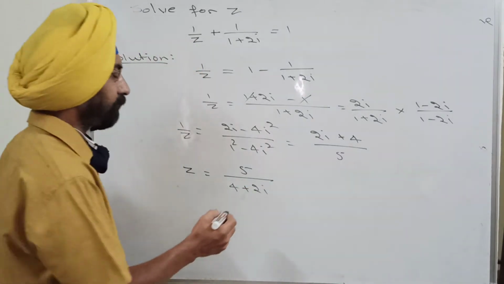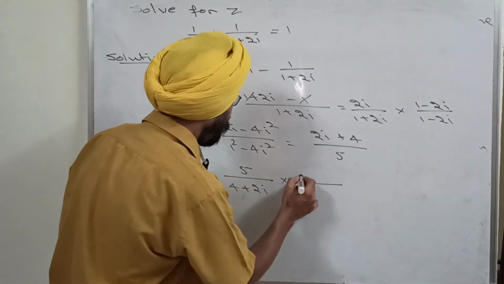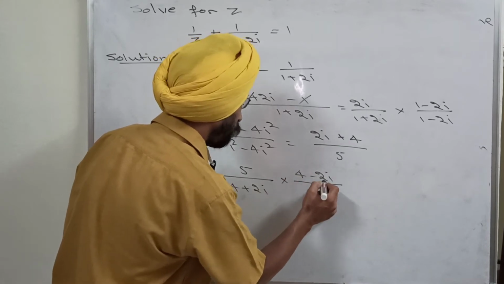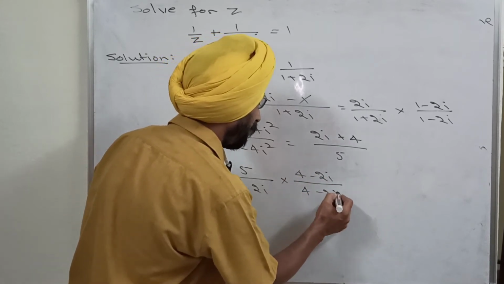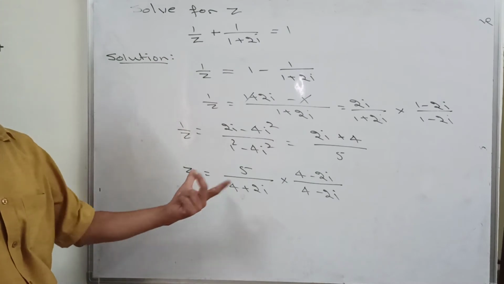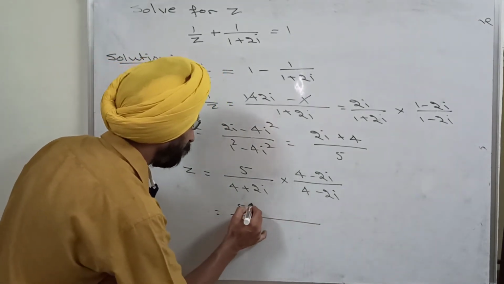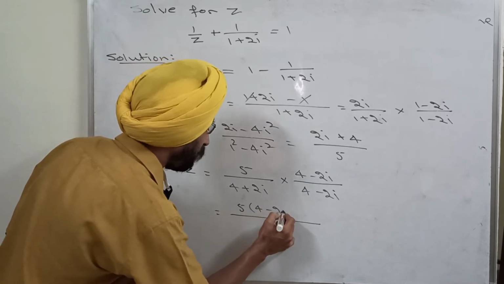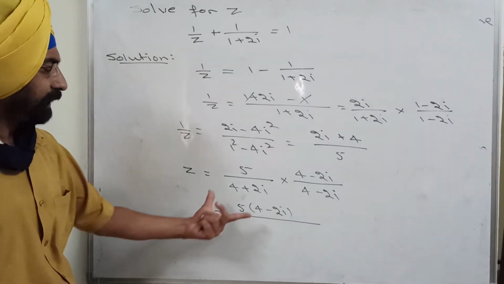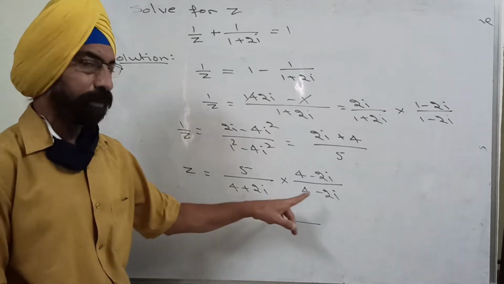And once again multiply the numerator and denominator by 4 minus 2 iota to find the exact real and imaginary parts of z. So what you will get? This is 5 into 4 minus 2 iota, and in the denominator once again you are having a plus b into a minus b.